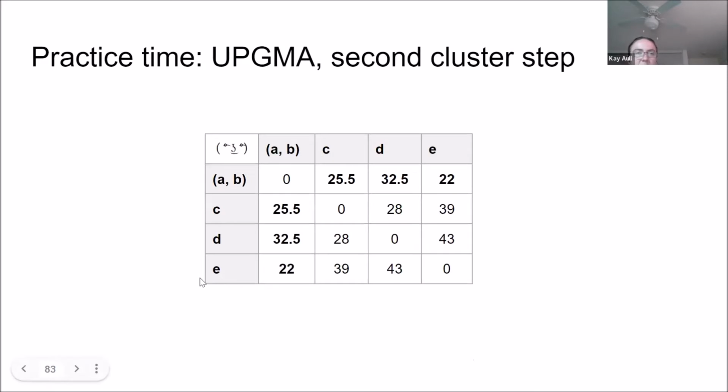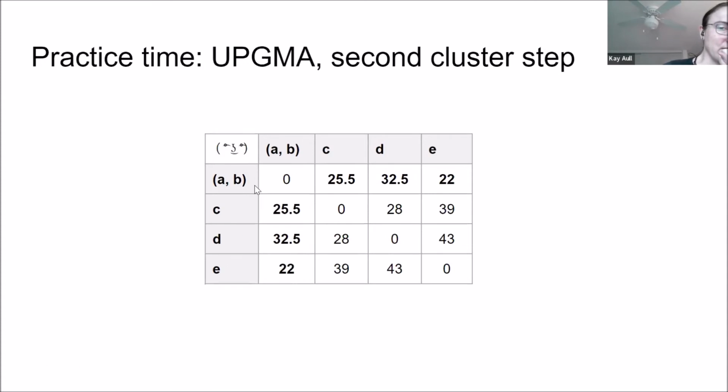And UPGMA is totally the same for the first step because nothing has been merged yet. But once you have merged, then you have to start taking into account that there are 2 of these things in here. So again, this is the smallest distance between clusters.